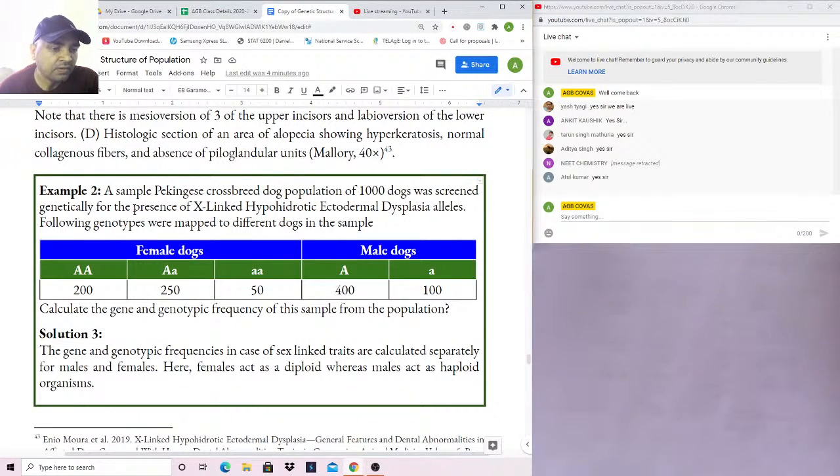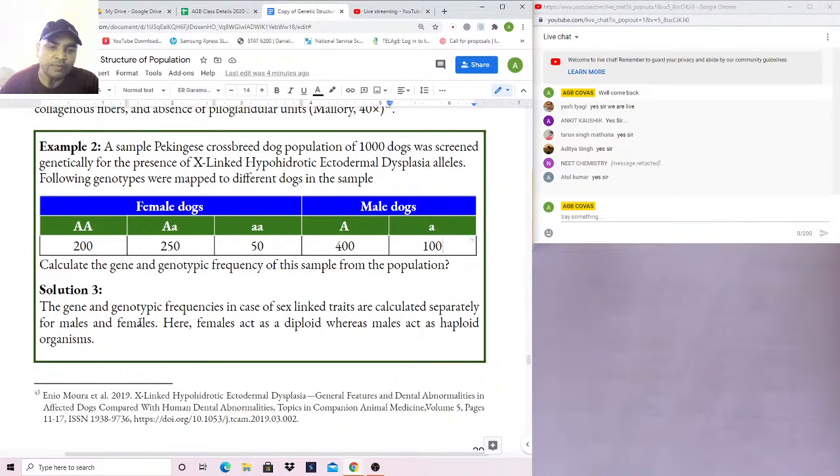There were 200 females with AA genotype, 215 with Aa, and 50 with aa, that is, having this disease. Whereas in males, 400 were normal and 100 were having this disease. Calculate the gene and genotypic frequency of this sample from the population.